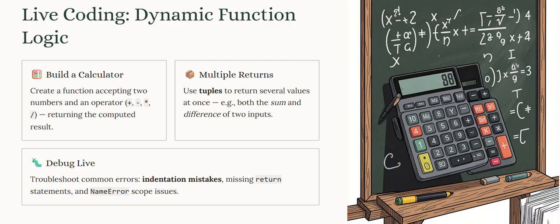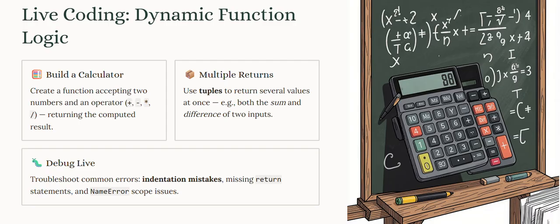That is how you can use it. And multiple returns: if you want multiple, use tuples to return several values at once. Example, both the sum and difference of two inputs. If you want the sum and the difference of two inputs at the same time, then you can use tuples.